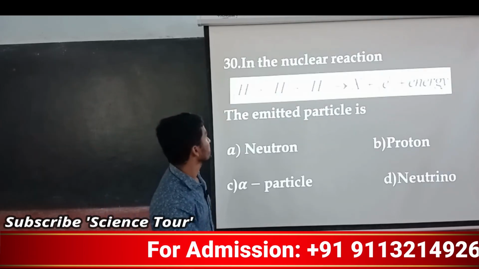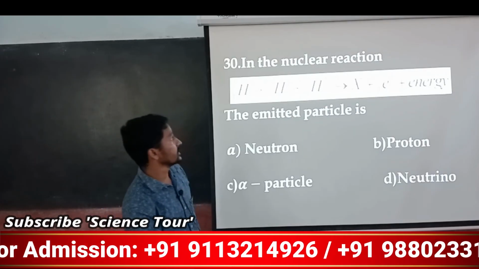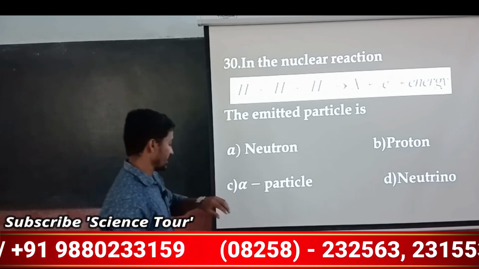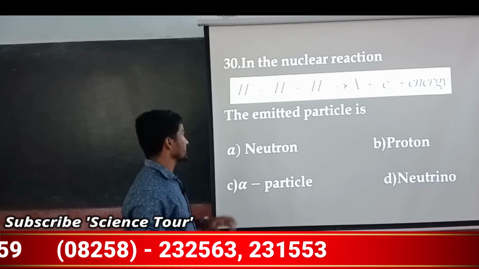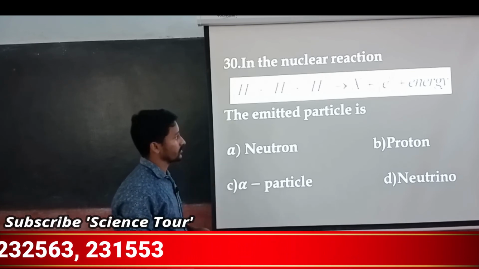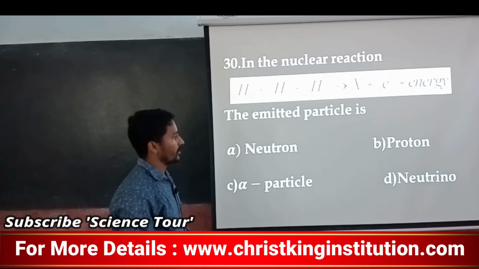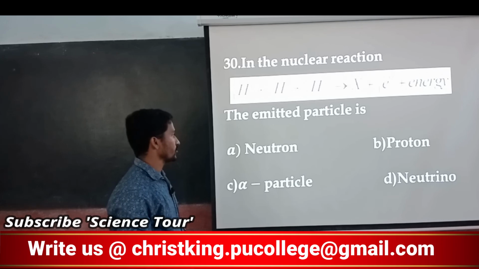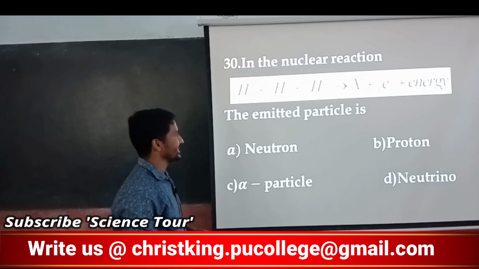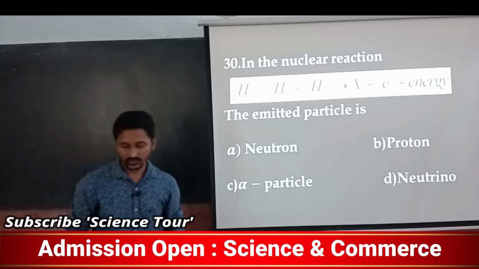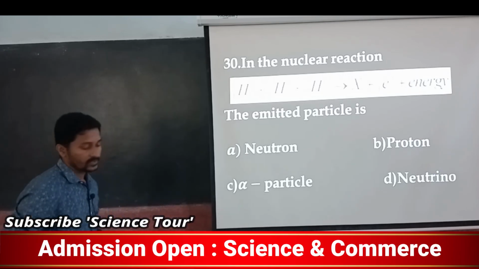So next, the 30th question. In the nuclear reaction, H and some X you are going to get, and a positron, and after that energy. The emitted particle is, what is that?